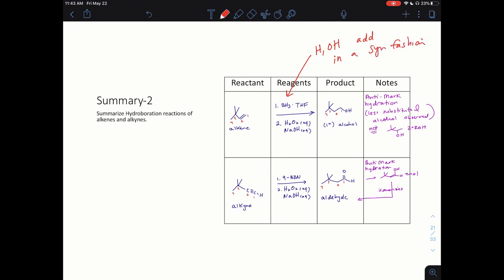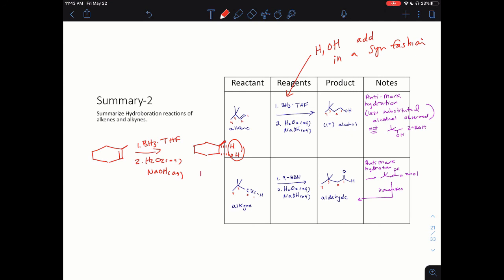So for example, if we had cyclohexene, let's do methylcyclohexene, and we treated it under hydroboration conditions, what we would see here is that the product would have the hydrogen and the oxygen that added in hydroboration, they add to the same side.